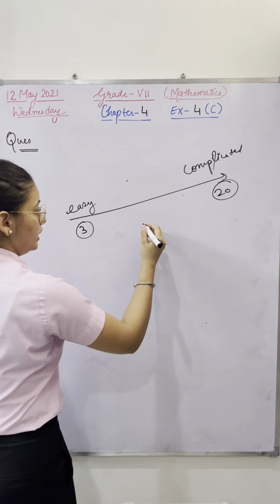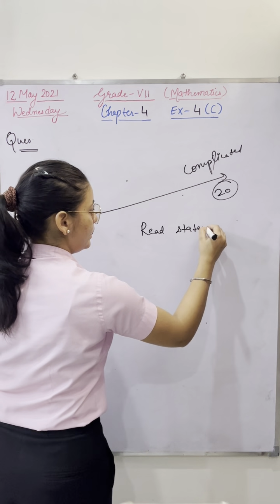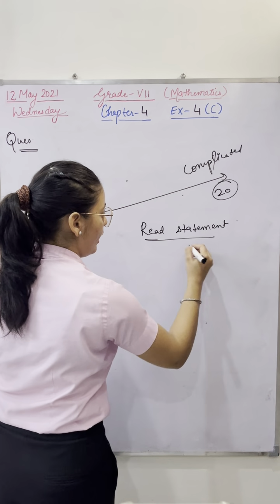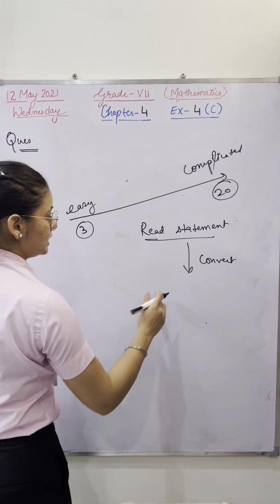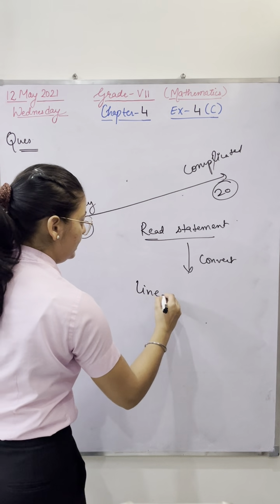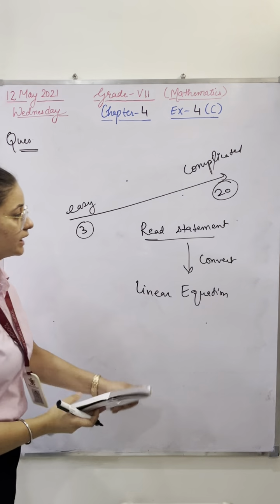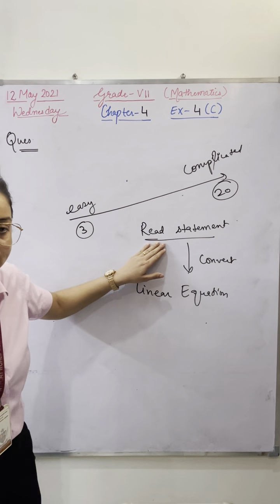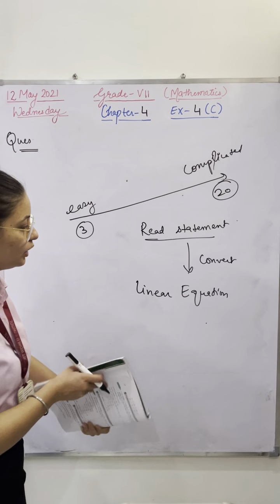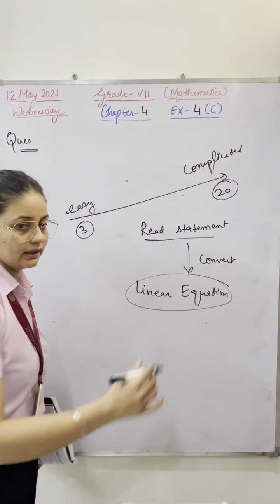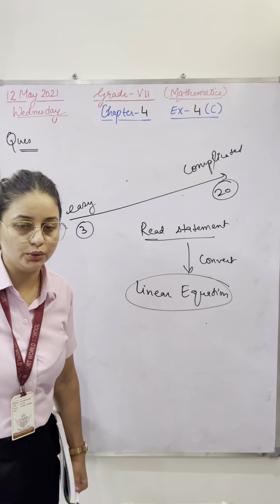In this question, you have to read the statement and then convert the statement into the equation, simple equation, or we can say linear equation. The equation is given to you in an English sentence. You have to read the statement, convert it into the linear equation and then solve. Take out the value of x, y, m, n, whatever variable is given to you.